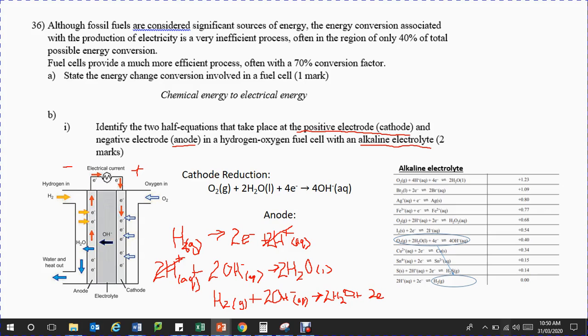I can't write very well with this. And that's what's occurring at the anode.